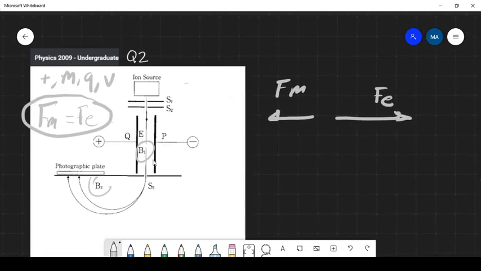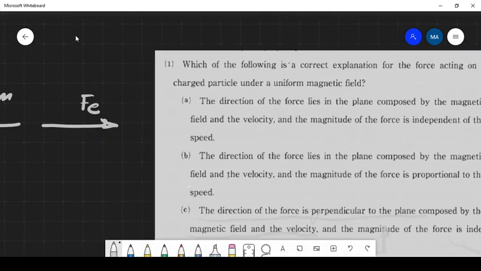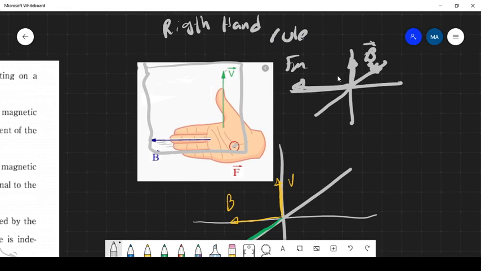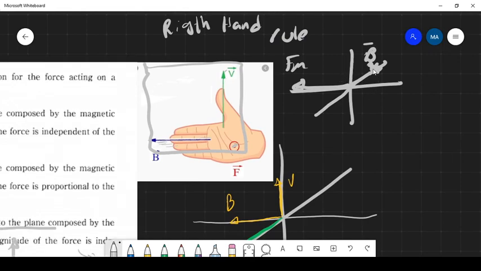The velocity is going downwards. So if the velocity is downwards, B is not there. So B must be where? Right here. Okay, this is V and this is B.